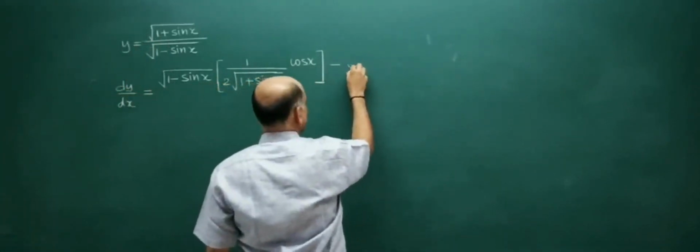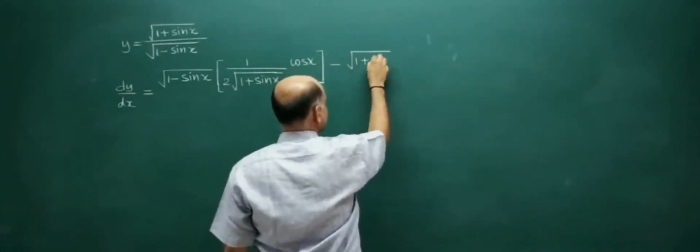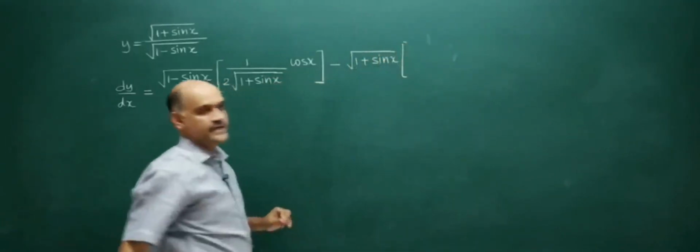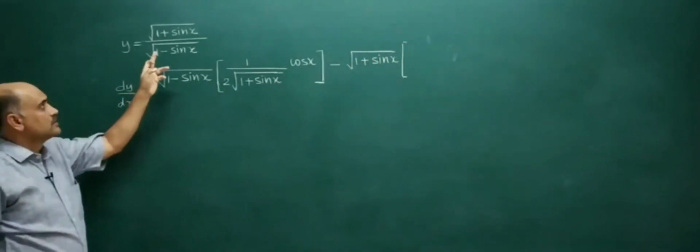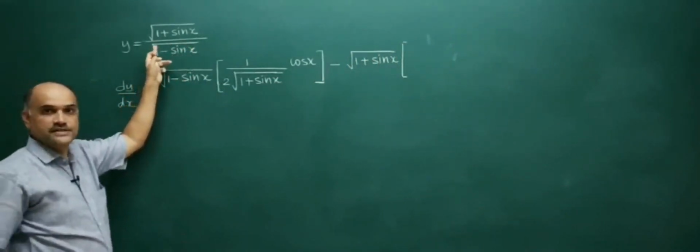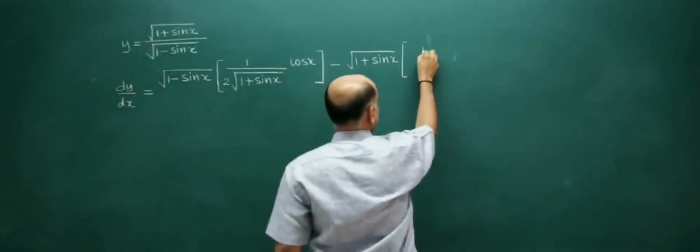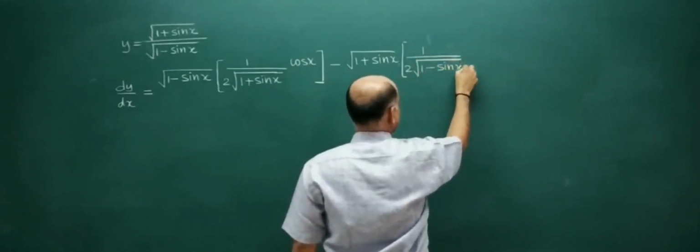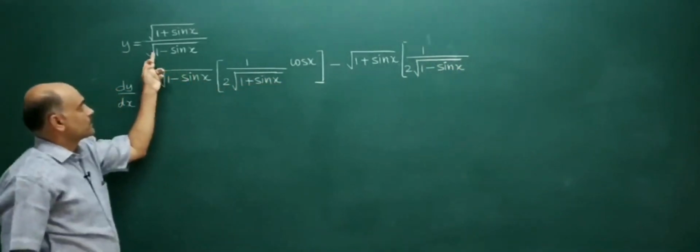Minus numerator, so minus root of 1 plus sin x, into differentiation of denominator. If you differentiate the denominator, first again you differentiate the root. So 1 by 2 root of 1 minus sin x into.